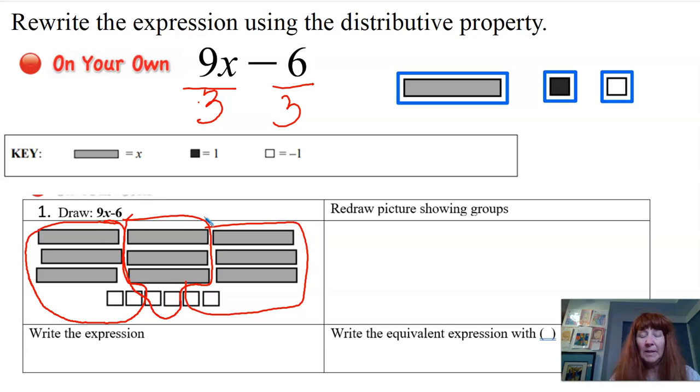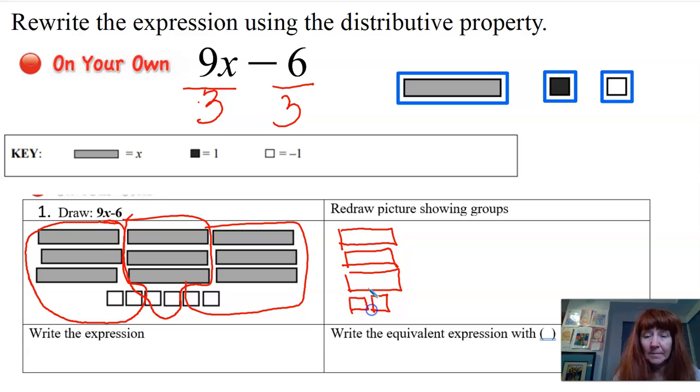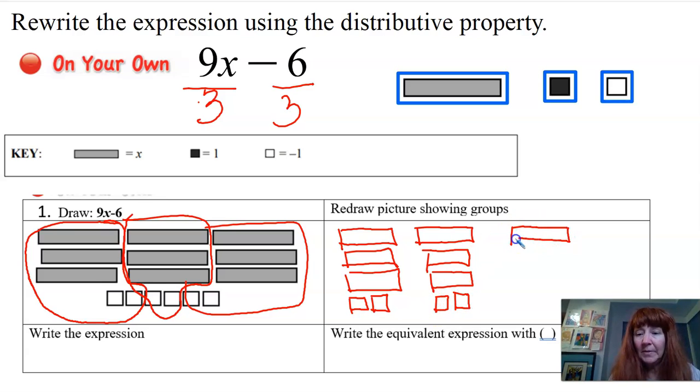Okay, so there's my groups and I'm going to draw the groups over here where I show that there's 3 x's grouped together with 2 negative ones. Here's another set of 3 x's with 2 negative ones below it. And here's my third group. Now, I like to circle mine.